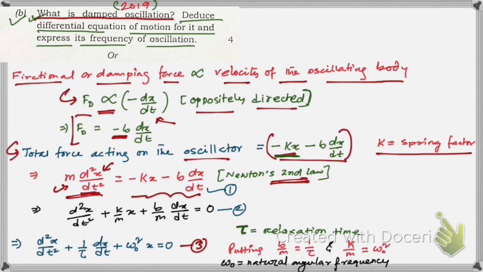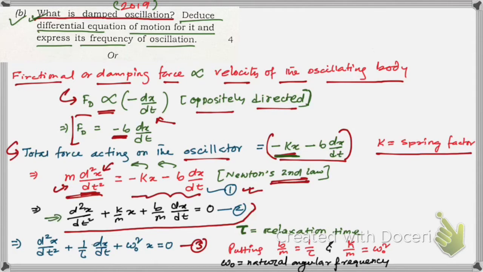Then if you simplify equation number 1, then you will get equation number 2, right? So what we have done, we have shifted these two negative terms to the other side, and then we have divided each term by m, right? So we have got this equation.